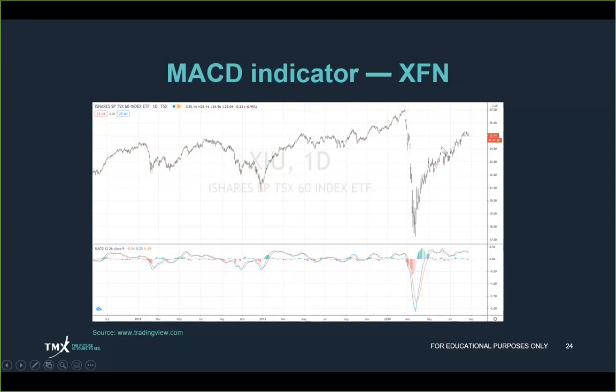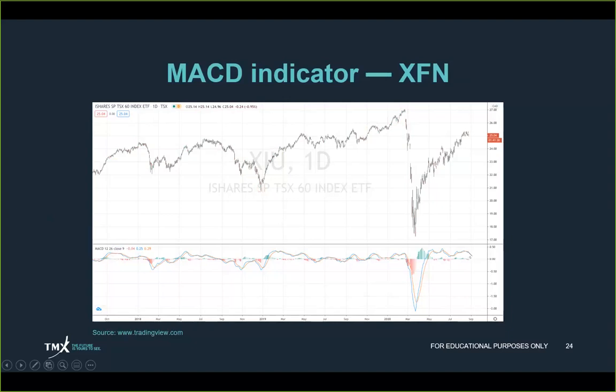And if we connected those peaks, we would be able to identify an uptrend, right? Higher high, higher high, uptrend. However, what the MACD helps us identify very quickly is that on this peak, our MACD was up here at the 0.50. On this peak, we can see that it's actually lower.